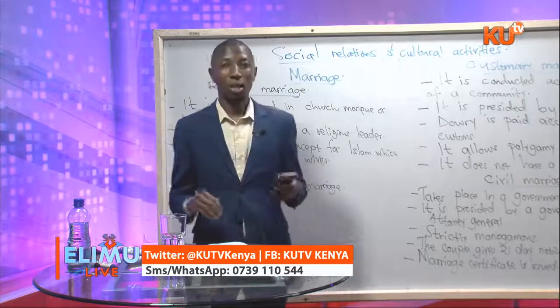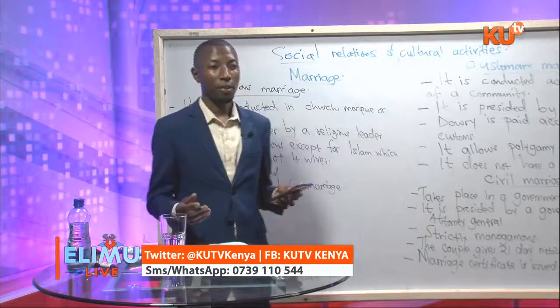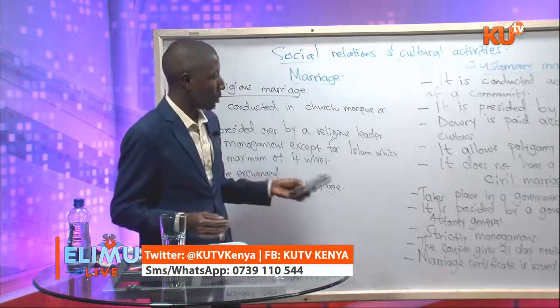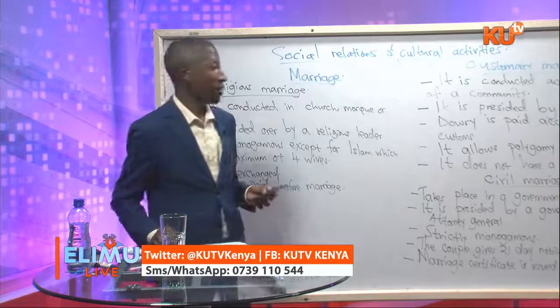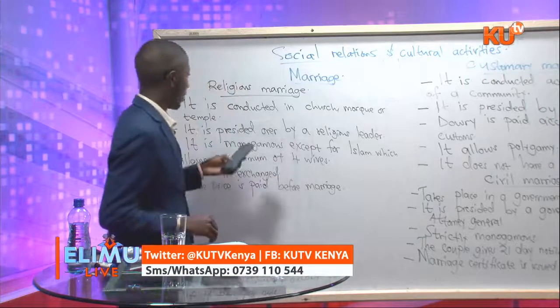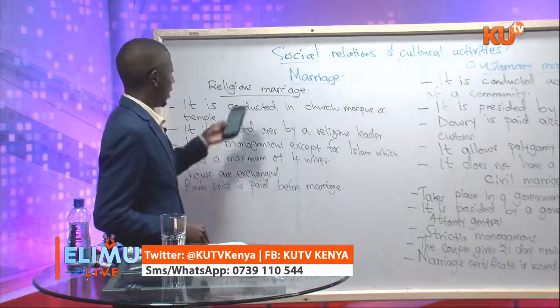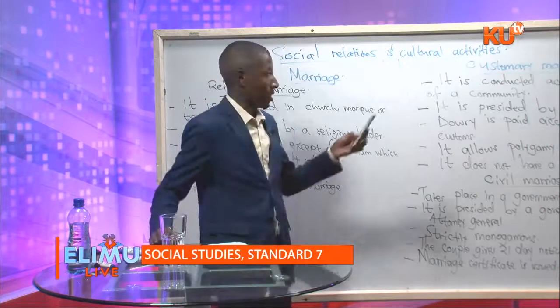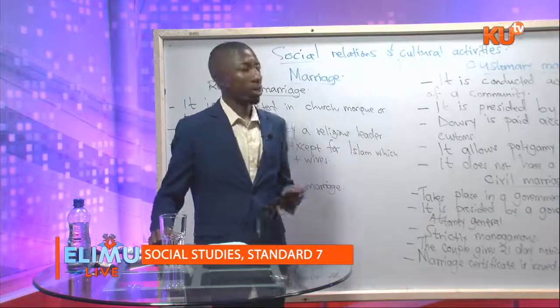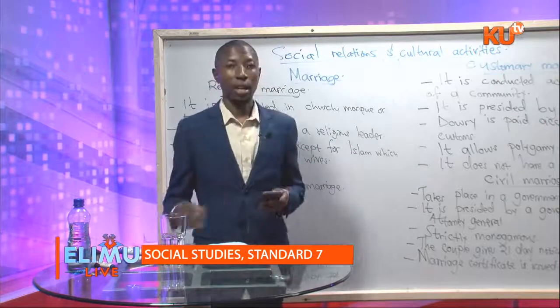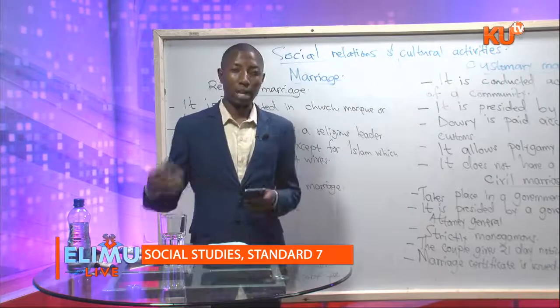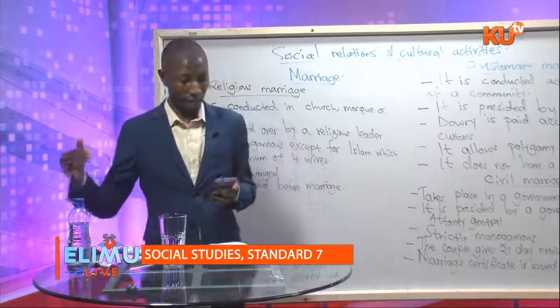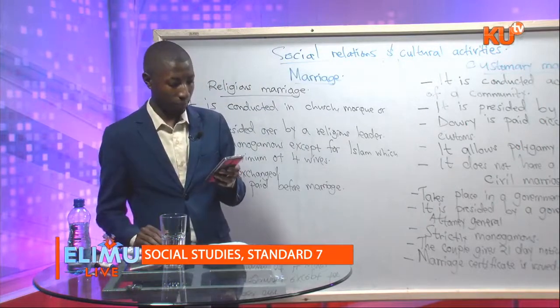Although, personally, I believe in monogamy, because I am a Christian, and I therefore believe in Christian marriage. But if you decide you're going the customary way, then you have to prepare to pay dowry to the various families where you're marrying from. A very good question, Ken Peter.